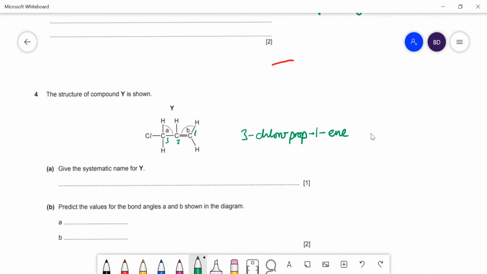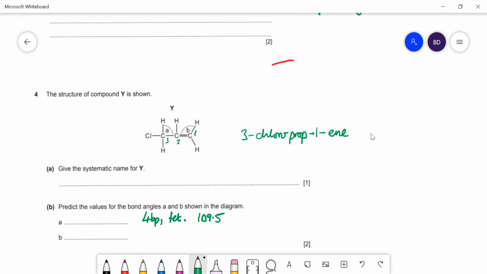Okay. Predict the values for the bond angles A and B shown in the diagram. All right. Now A, that carbon is tetrahedral. It's got 4 bonding pairs, yeah, and no lone pairs. So it is tetrahedral. So that's going to be the tetrahedral bond angle, which is 109.5.